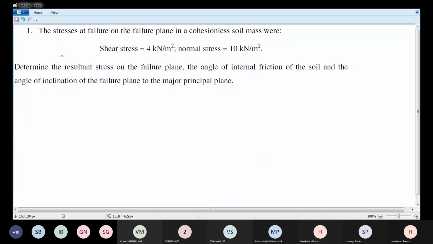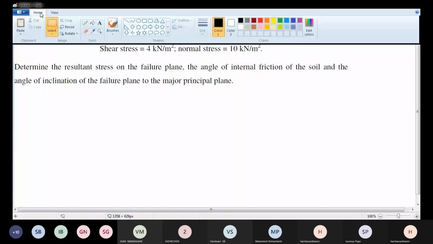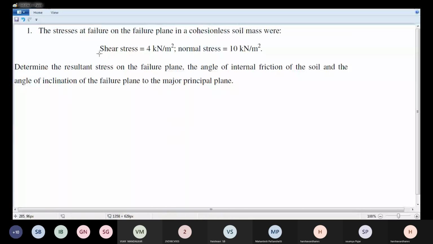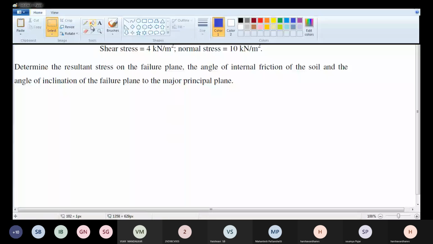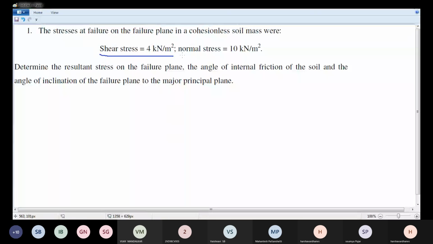Okay, they have analyzed a cohesionless soil mass element, and they have found out that at failure the shear stress was 4 kilonewton per meter square, and at failure the normal stress was 10 kilonewton per meter square. So we'll write down the given data.